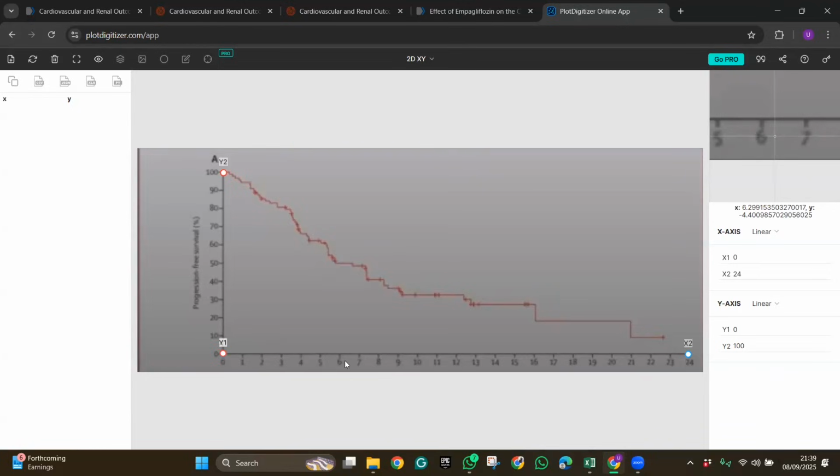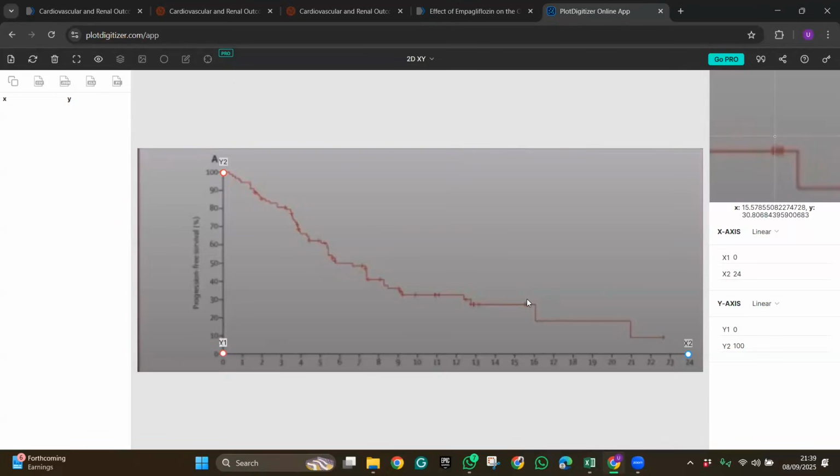If they're reporting the outcome for progression-free survival at week 16, what you're going to do is move along the graph and see when this X turns into 16. It's 14, now it's 15.